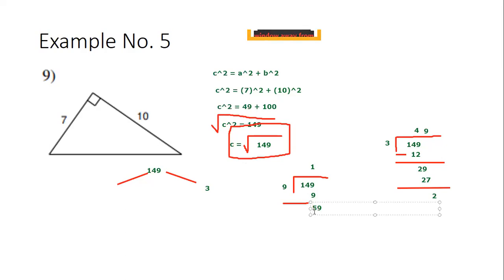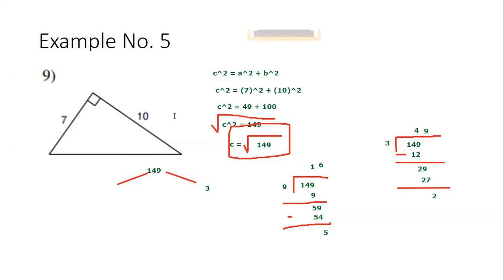Then bring down 9. So 59 divided by 9, how many 9s are there in 59? We only need 6. And 6 times 9 is 54. So 59 minus 54 is 5. So there are a lot of remainders. So we can also say that the answer is C is equal to square root of 149.